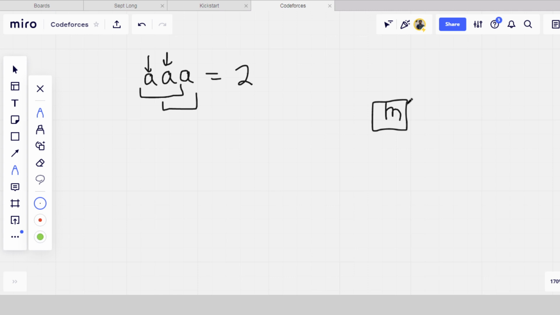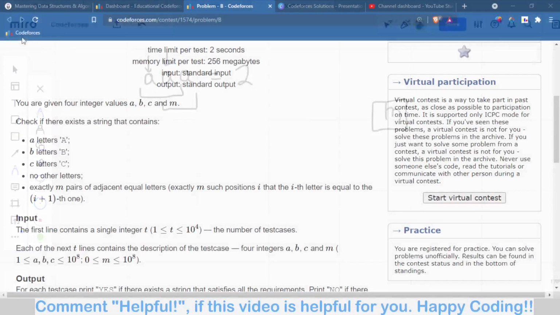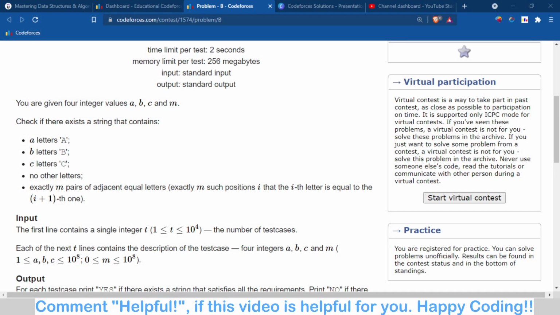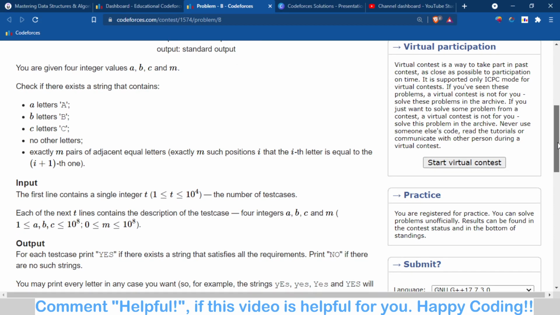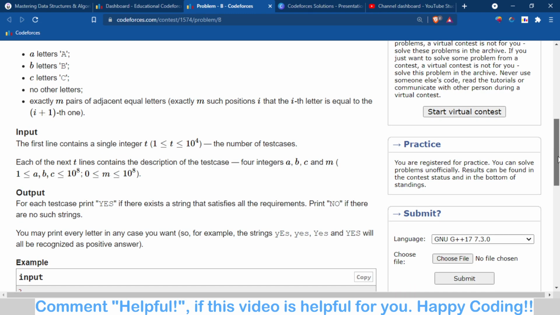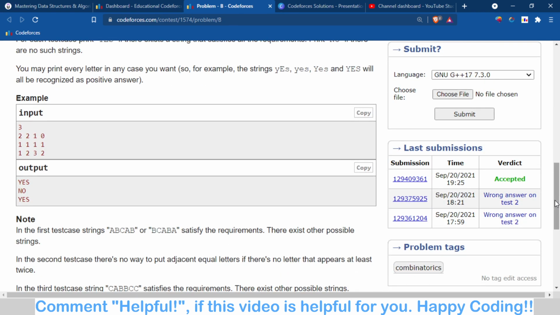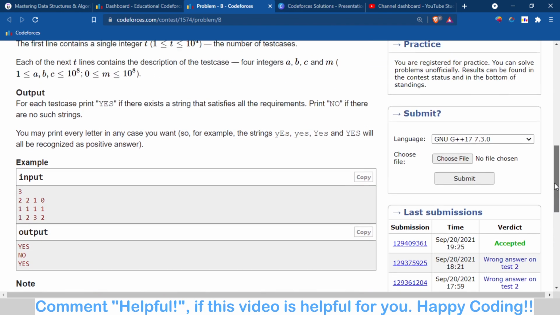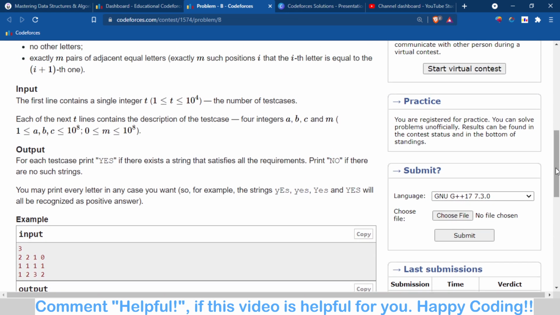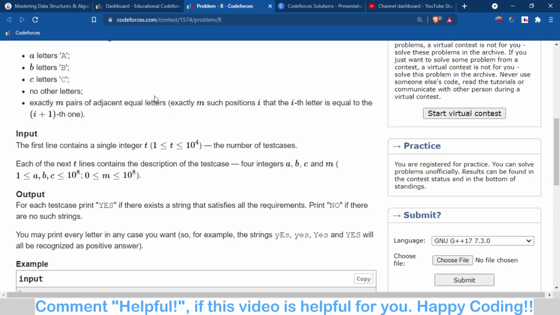Generally, when problems ask whether exactly m adjacent pairs are possible, meaning it is asking you for a particular number of pairs, you first find the maximum number of possible pairs, meaning the maximum number of pairs possible by arranging these letters, and then you find the minimum number of pairs.